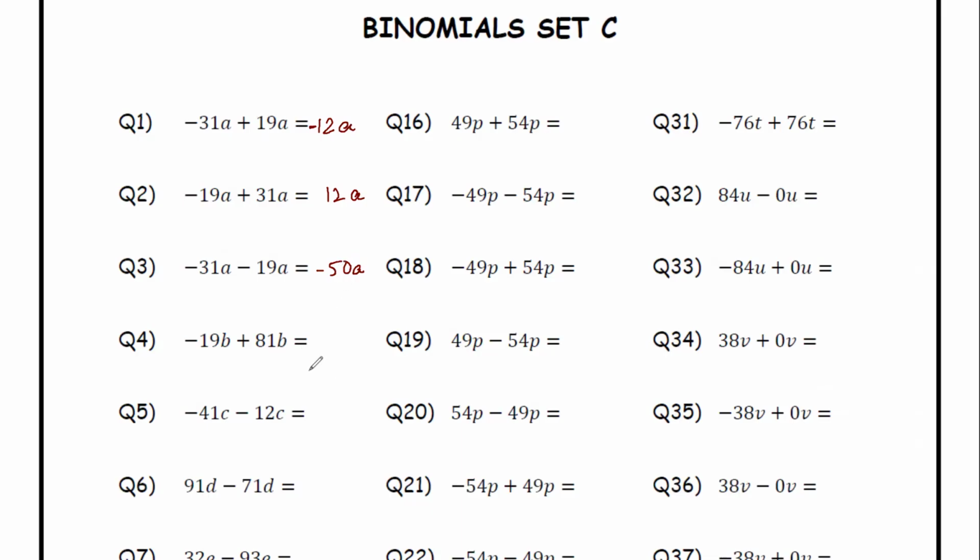That one out here is, I think, 62B positive. Out here, both are negative, so it's going to be negative 53C. That one is simply 20D positive.